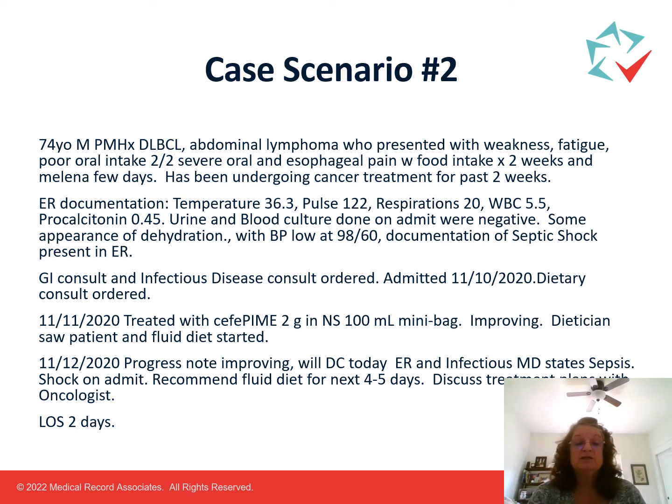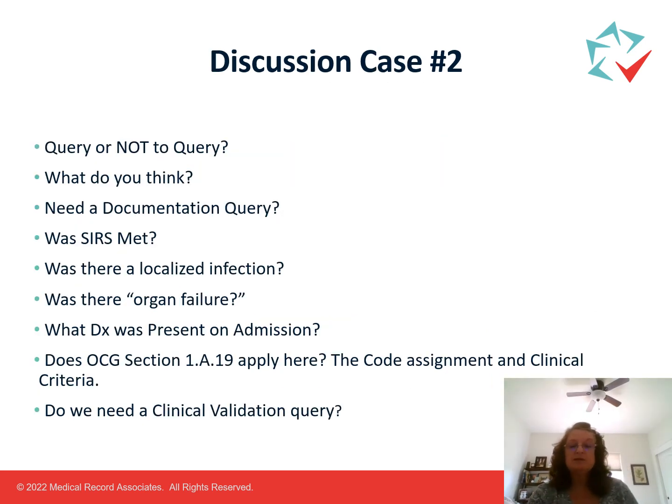The patient presents with weakness, fatigue, poor oral intake, and oral and esophageal pain. So before you decide on query or no query, think about that. Do we need any documentation to be clarified? Was SIRS met? Was there a localized infection? Was there organ failure?